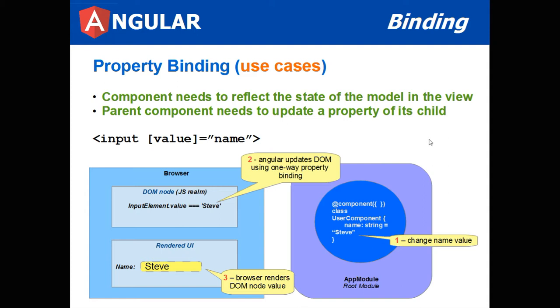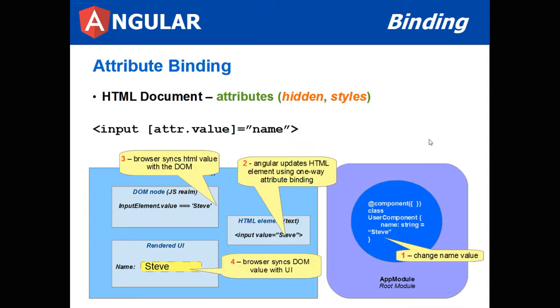Okay, let's look at the next type of binding, the attribute binding. You have attributes in an HTML document like hidden and styles, etc. So when you do the binding, you say input attribute dot value equals name. In this scenario, you change the name value.